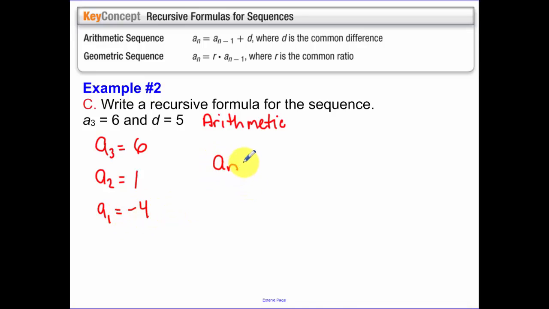So our nth term is equal to a sub n minus 1 plus 5, because that's our common difference, where a sub 1 is equal to negative 4. So I had to find this first term to figure out where you started. Okay, you needed to show that to me.